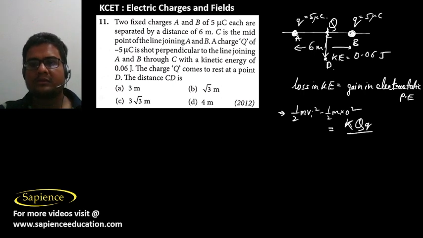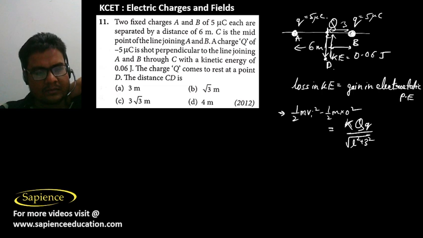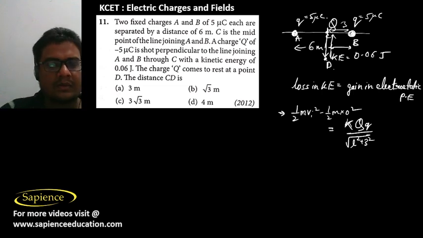KQQ by R. This length is L, then this is 6 meter, so the length will be 3 meter. So R is square root of L square plus 3 square.